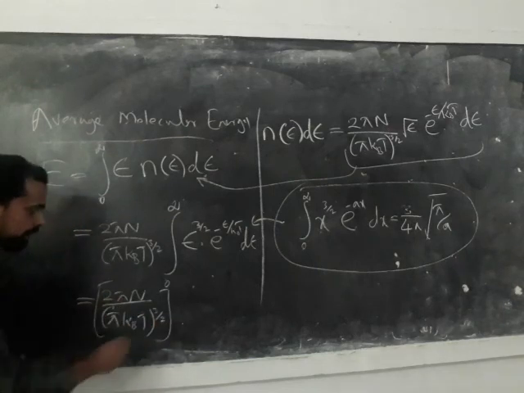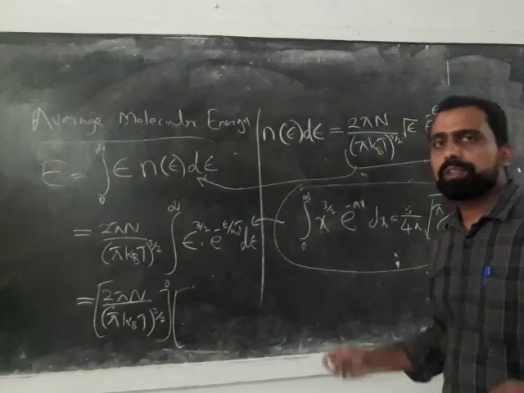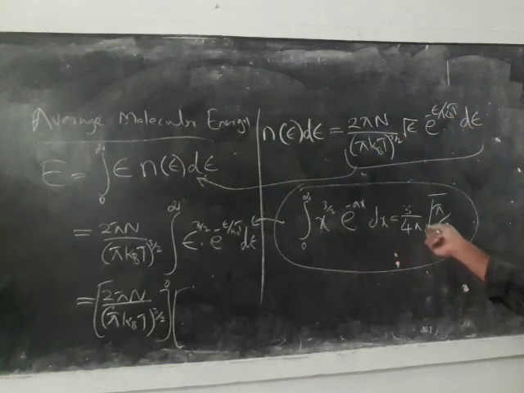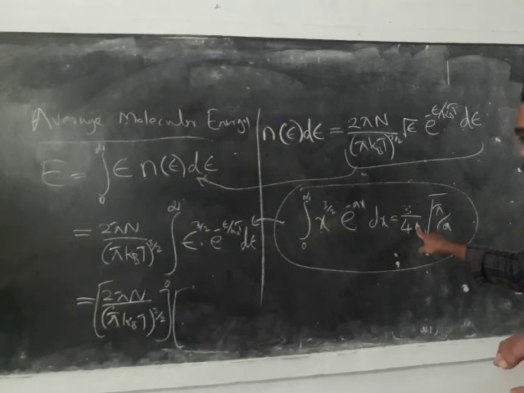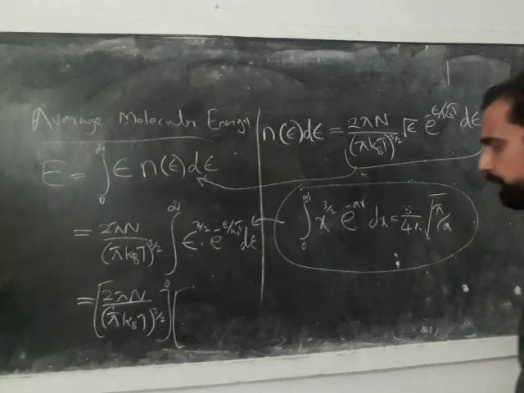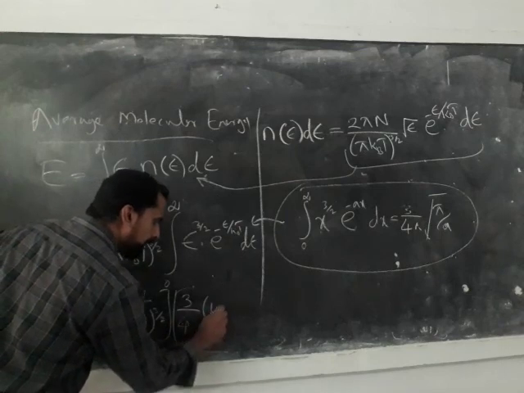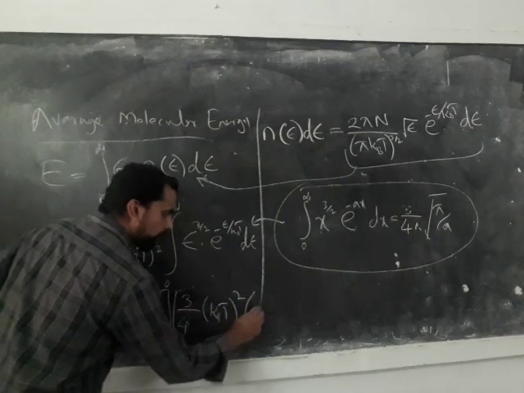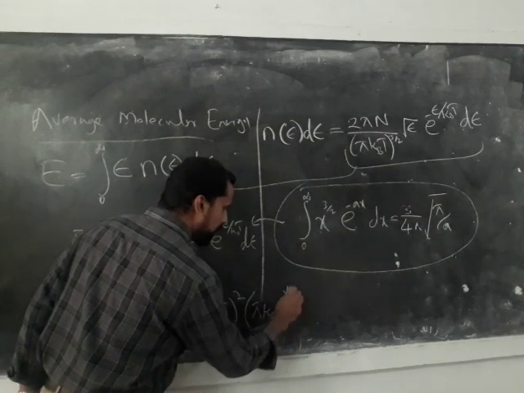Then what else? You will have 3 kBT by 4, and one term is coming from the root, so you will have 3 by 4 kBT squared times the square root of pi kBT all raised to half.